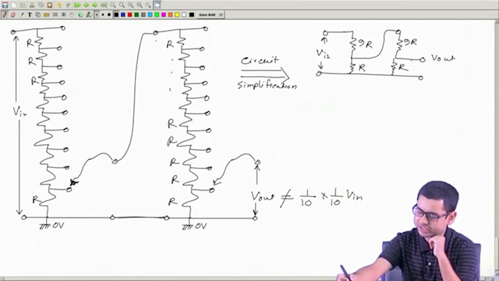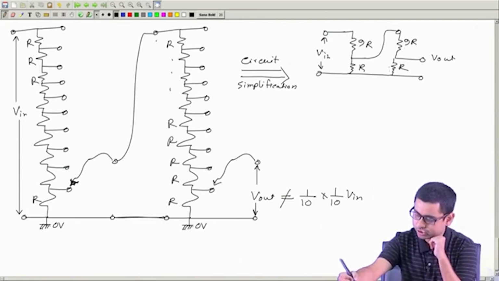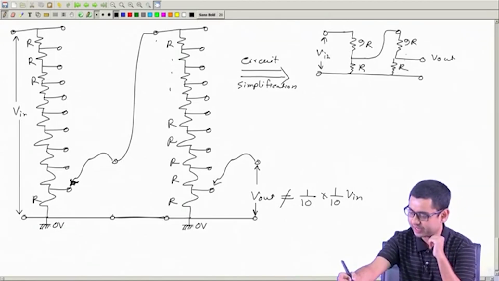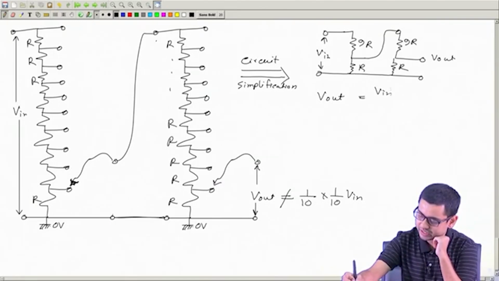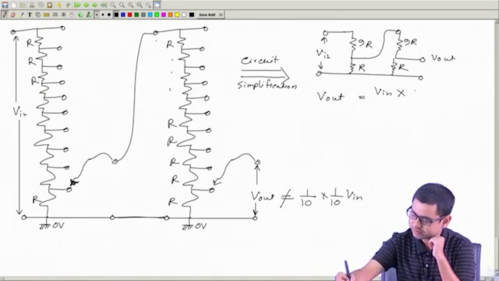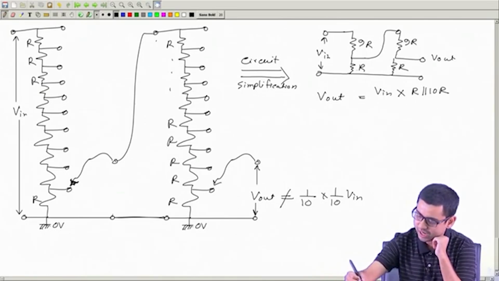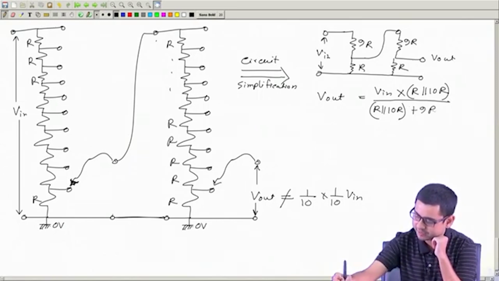Now, let us calculate how much is V out. So, let us calculate it directly. If we do a direct calculation, then this R and this 9R and R. So, these two are in series, 9R and R, and this R is in parallel with that. So, we can write V out is equal to V in multiplied by this combination, R parallel 10R, whole divided by R parallel 10R, that means this part, plus 9R.